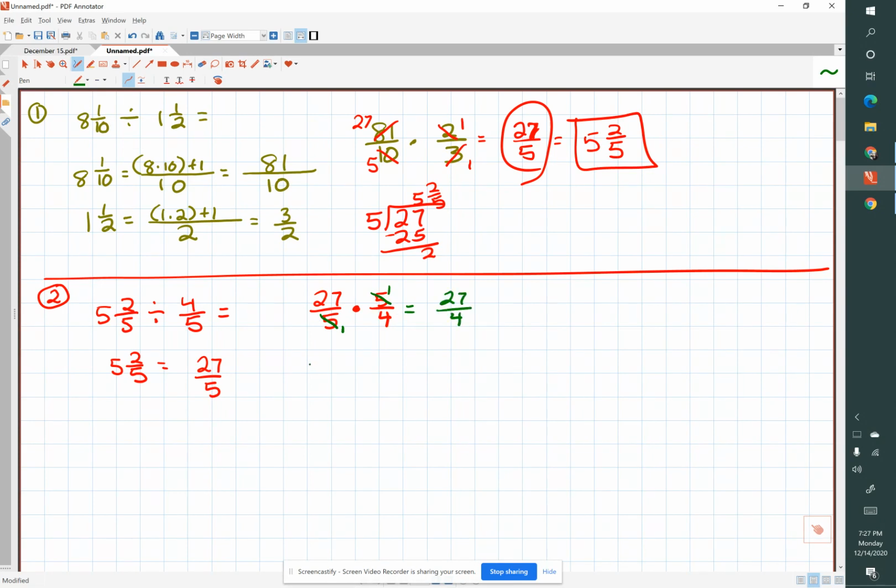Let's convert that back to a mixed number. 6 times 4 is 24. So that would be 6 3/4.